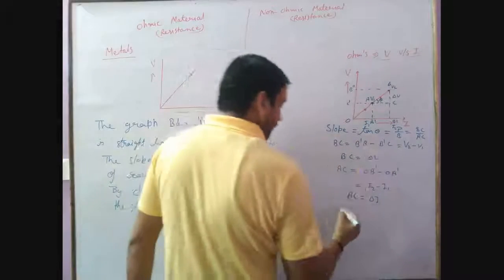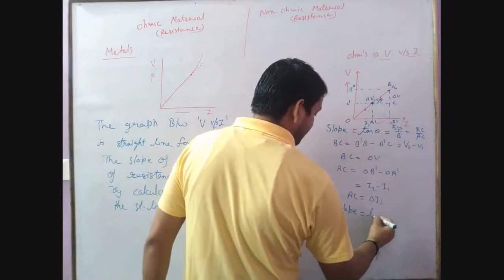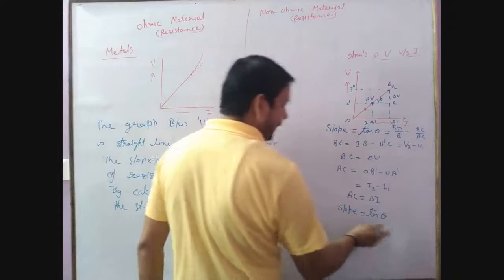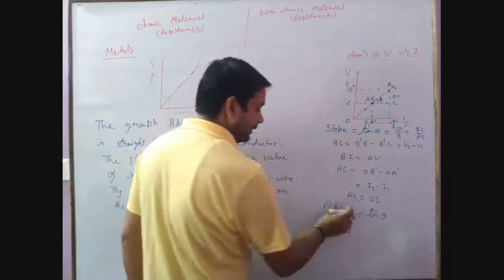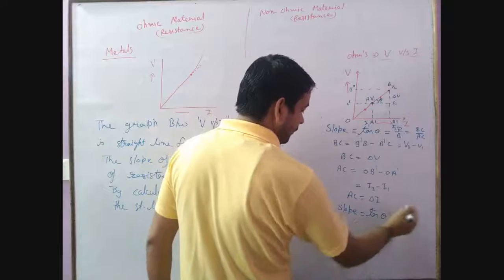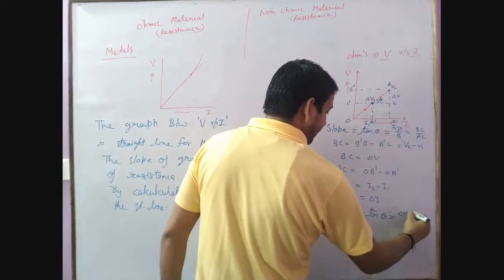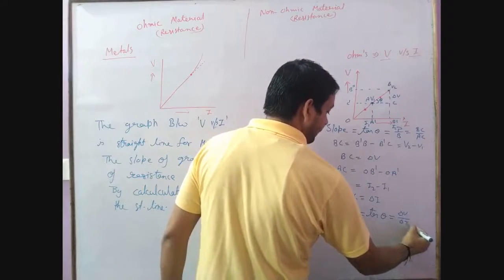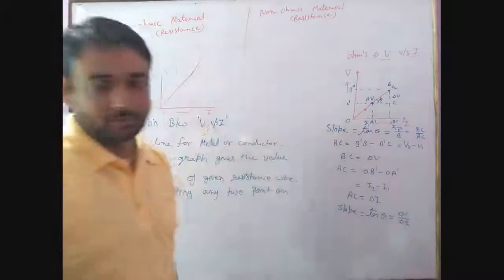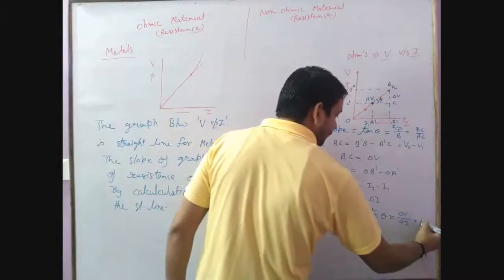Now when we calculate the slope, which is equal to tan theta, this slope according to the definition gives the value of resistance. The value of BC is del V and the value of AC is del I, and you know that the ratio of the potential difference and the current is equal to resistance.